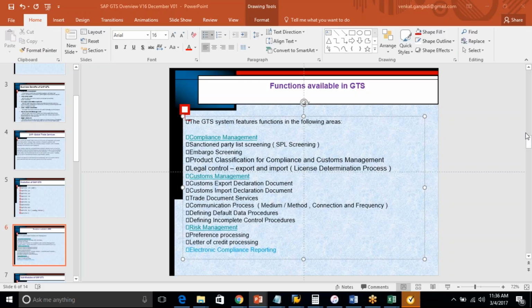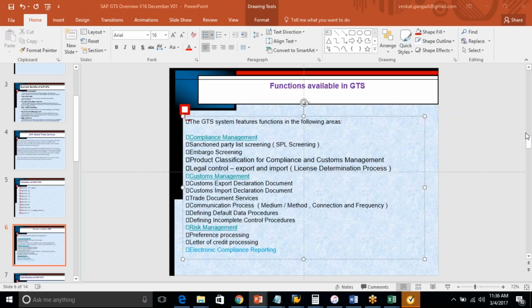SPL scanning is not part of ECC, or does not have that much capability in any system, not only ECC, any system. I know that SAP ECC has license, and SAP ECC also has some embargo-related functionality, but those concepts are not effective.